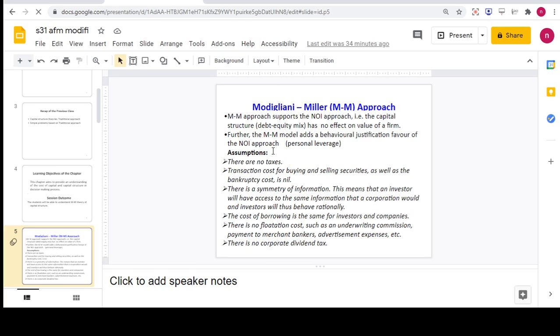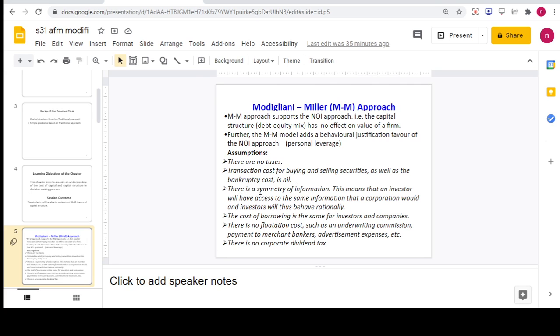The assumptions of the theory are important. They are as follows. First assumption, there are no taxes. Next, transaction cost for buying and selling securities as well as the bankruptcy cost is nil. That means there is no transaction cost while buying and selling of securities.